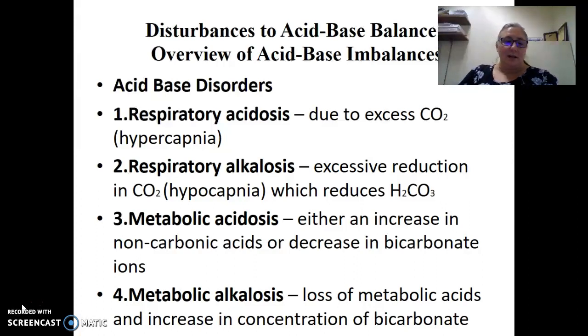Ketoacidosis typically is associated with diabetic high blood glucose levels because it's not being cared for or it's not being controlled. Metabolic alkalosis is loss of metabolic acids like the hydrochloric acid from the stomach, something like that. Or, again, a metabolic increase in bicarbonate.